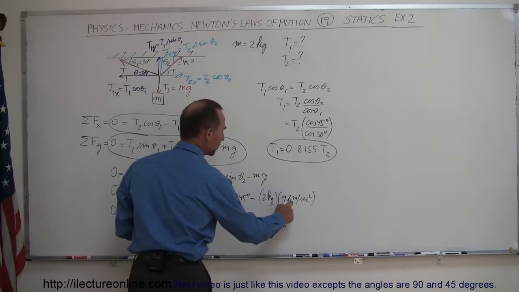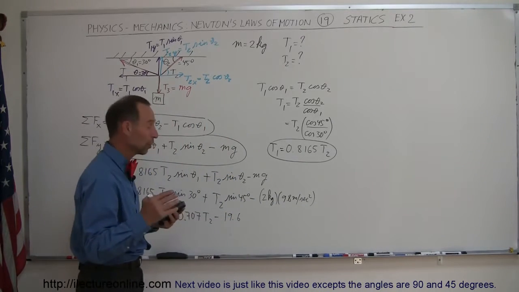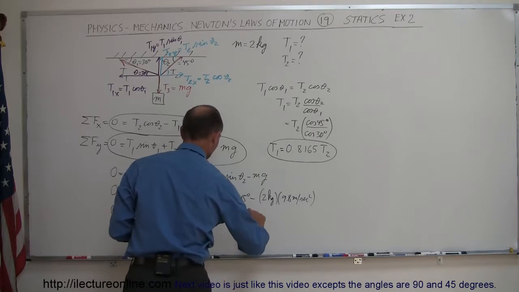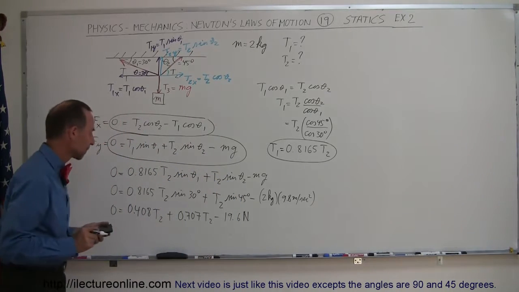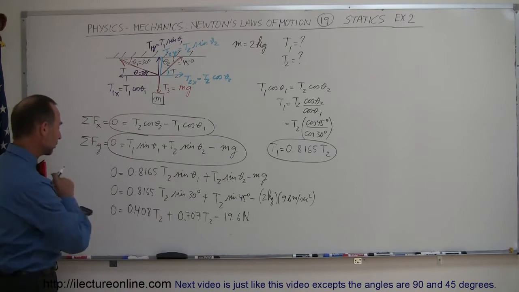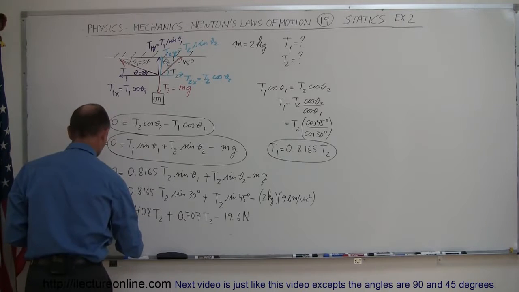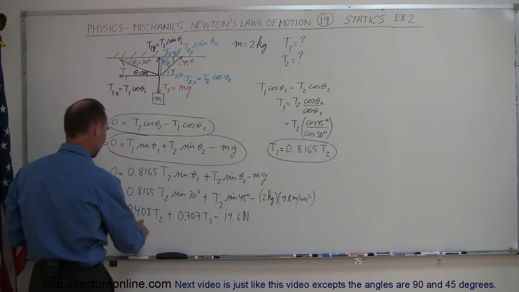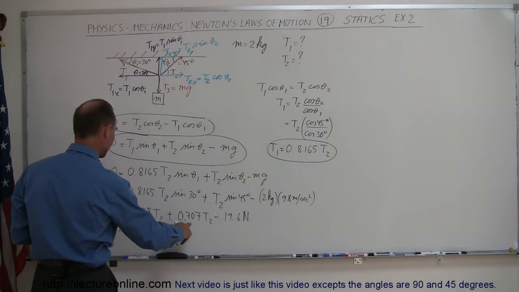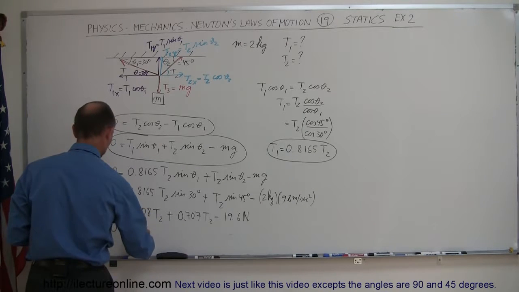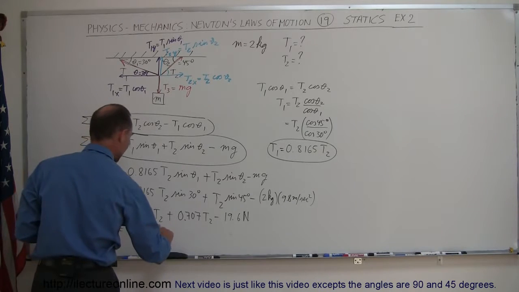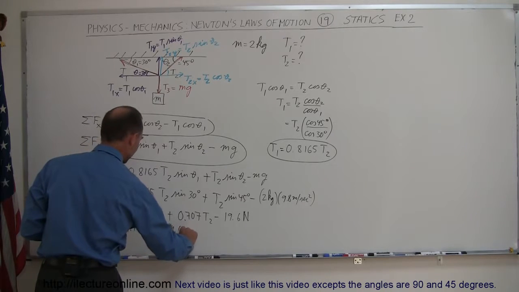And of course kilograms meters per second squared is units of newtons, so we get 19.6 newtons. All right. So now we can, of course, combine those two. So we have 0 is equal to 0.408 added to this, that would be 1.115 T2 minus 19.6 newtons.